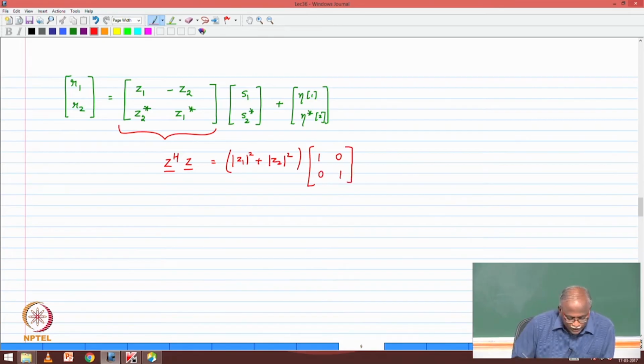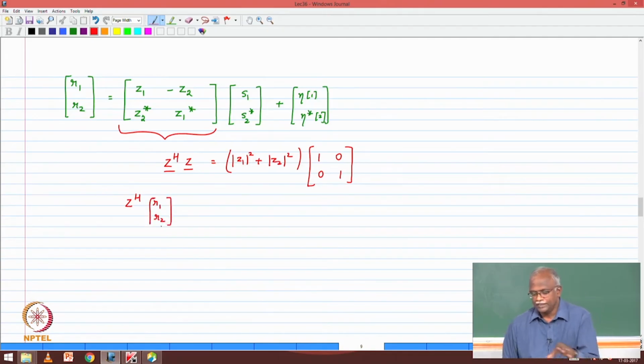So what did we actually do in the detection process? We took Z Hermitian and then multiplied it with the R matrix, and we found that the equations that were of interest are, basically at one time instant you get S1, the next time instant you get S2, and you get the desired detection mechanism.